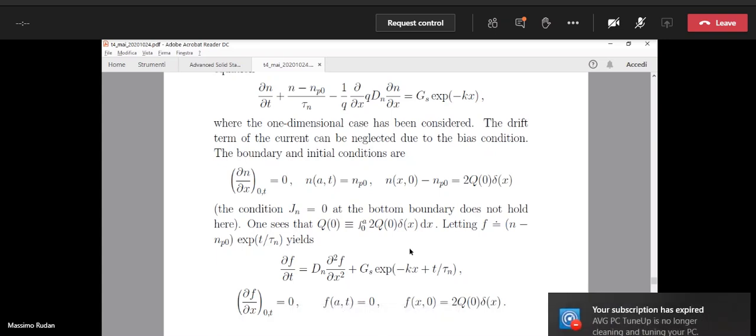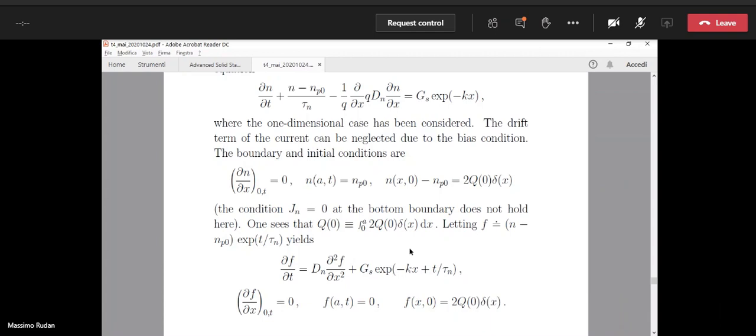Of course, since we have changed the variable, the unknown function, we must now consider the new boundary conditions for f, but they are easy. The initial condition is again a delta by construction, because when we place t equal to 0, we have that f at time 0 is equal to n minus np0.